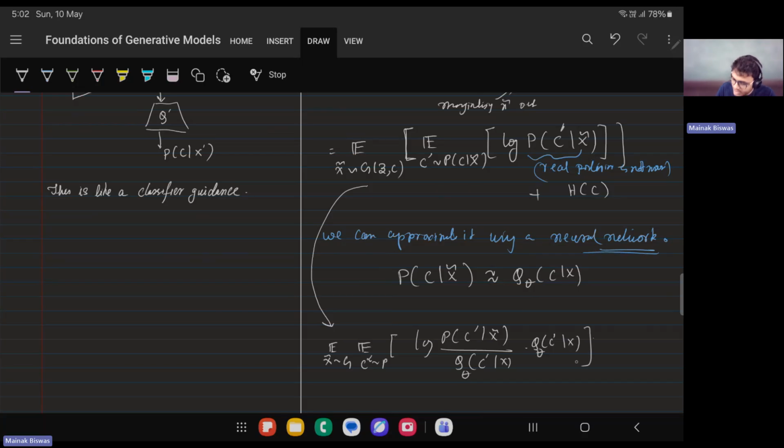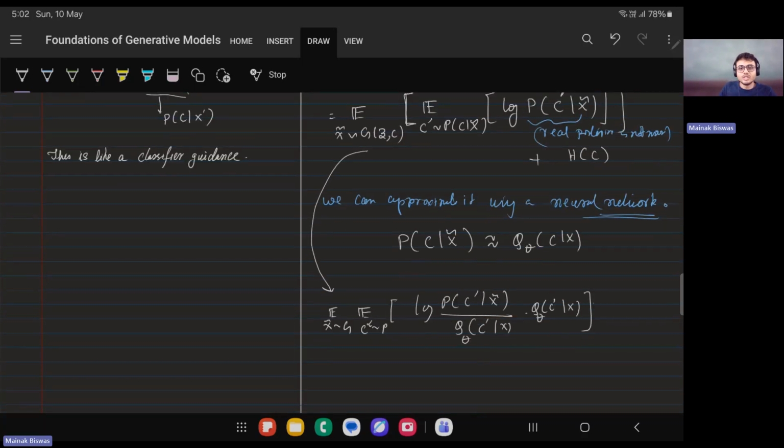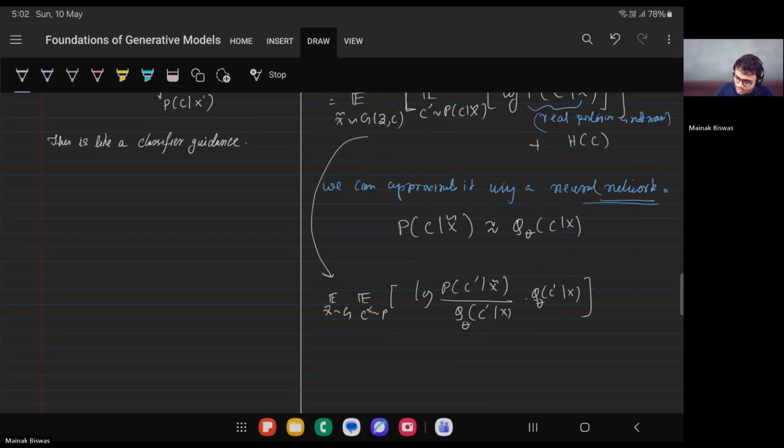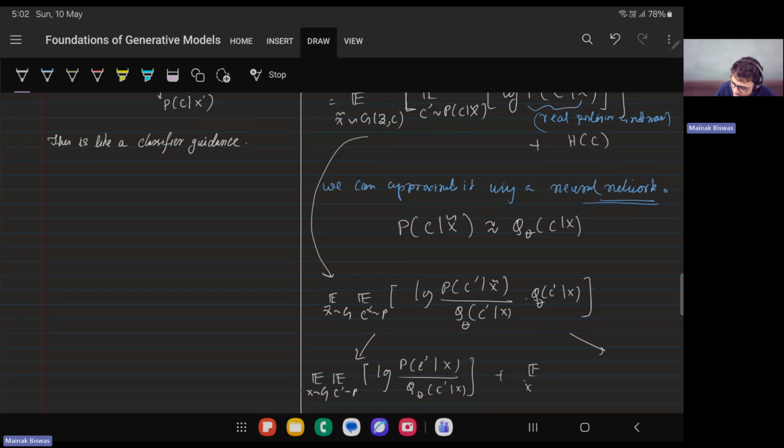As soon as you do this, this term breaks up into two parts: the expected value of x from G, the expected value of C from P, log of P(C dash given x) by Q theta, plus the expected value of x tilde from G and C dash from P, log of Q theta of C dash given x.